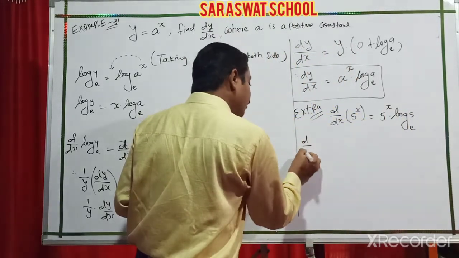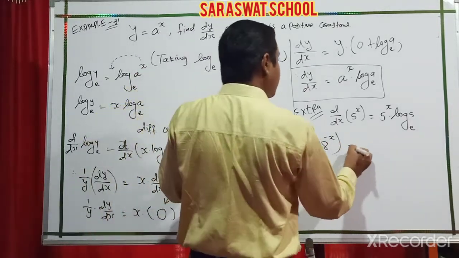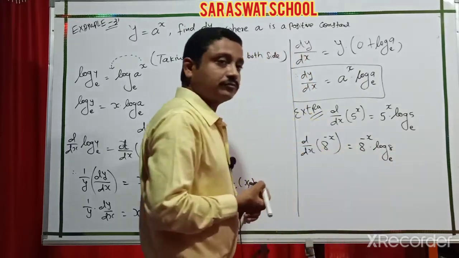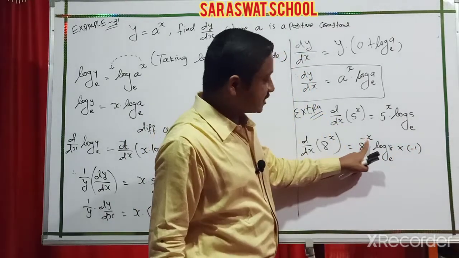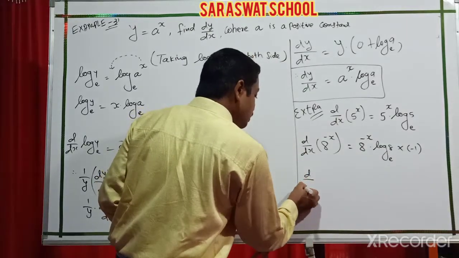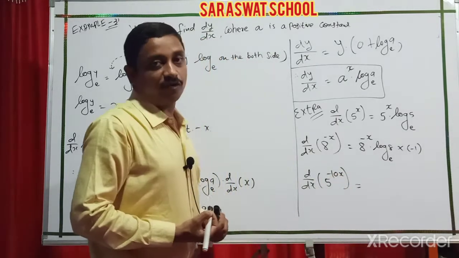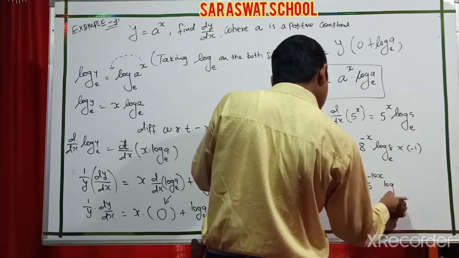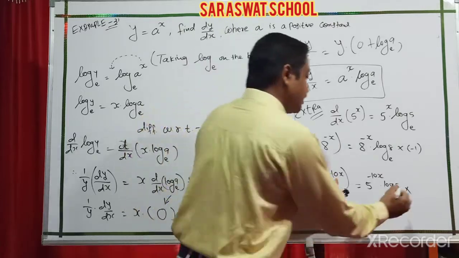If you are given d dx of 8 raised to minus x, then same as here, 8 raised to minus x into log 8 base e into minus 1, because the derivative of minus x is minus 1. One more, if you are given d dx of 5 raised to minus 10x, then it is also valid in this way: 5 raised to minus 10x into log 5 base e into the derivative of minus 10x, which is minus 10.